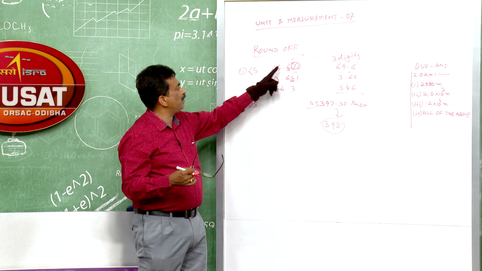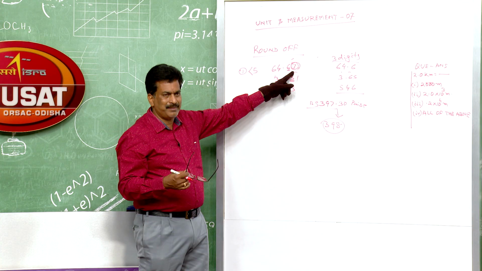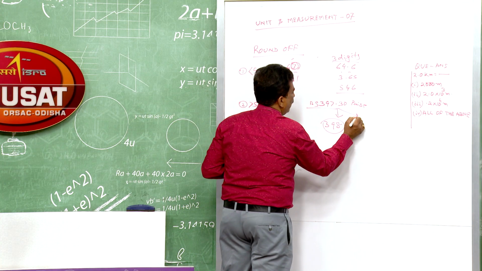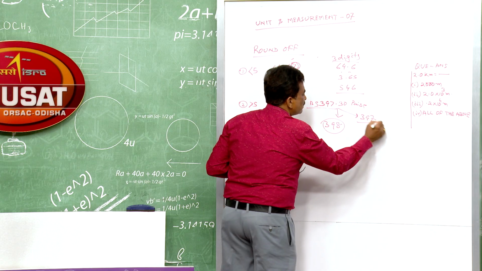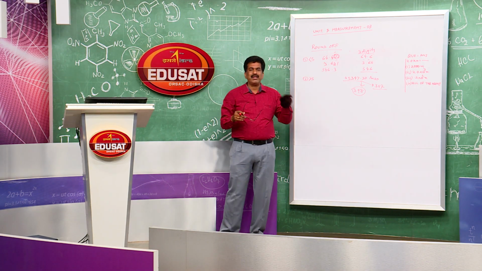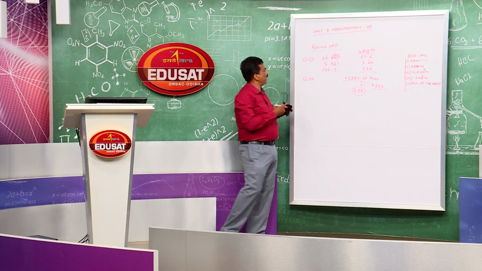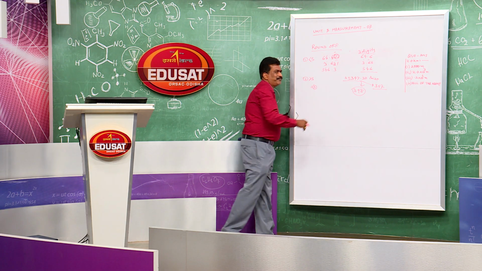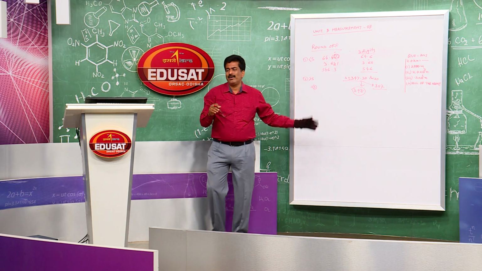So, what we discussed: for less than 5, the same one will remain, means it will be 397. Likewise, we are using this nowadays. But the most interesting case is if it equals 5. For equal to 5, what will happen?